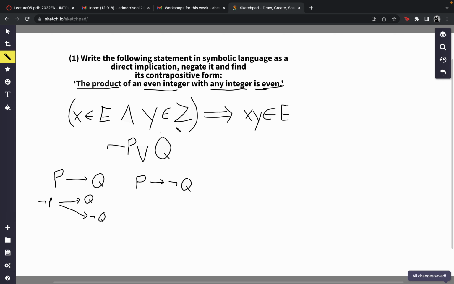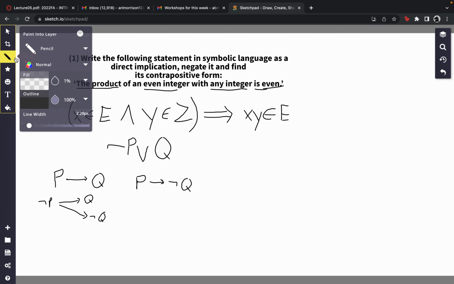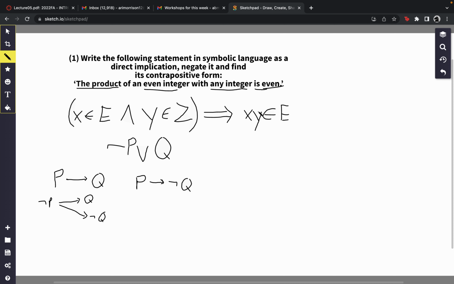If we start with something that's false, no matter where we end, it could make sense. But if we start with something true and end with something false, that's bad. That's not what we want. So the only time an implication is false is when we have P and not Q, which means that the inverse of that is when implications are true.